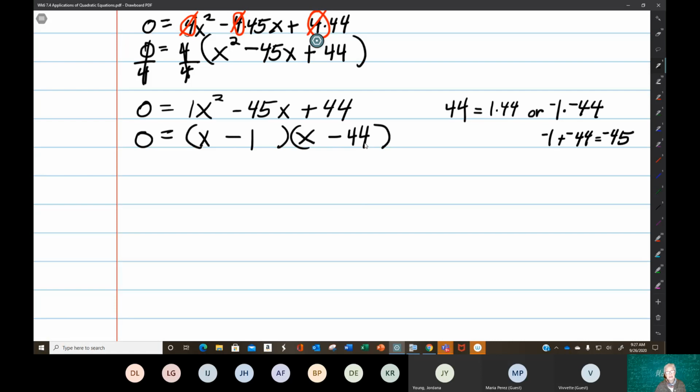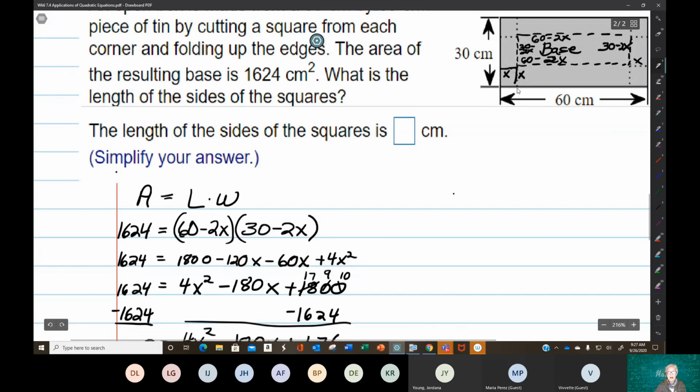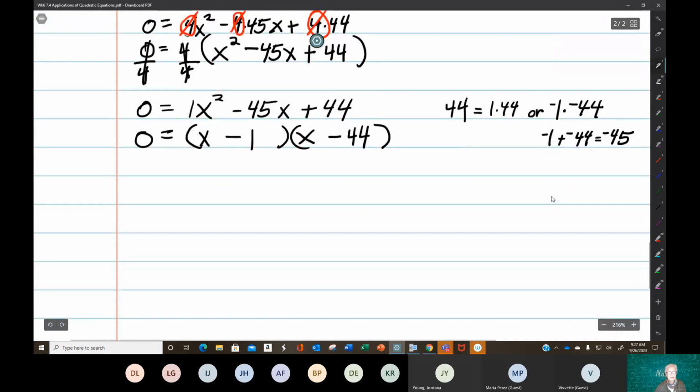So here I have 2 factors that I can set equal to 0 and solve for x and get 2 possible answers for the size of x. x minus 1 equals 0, and x minus 44 equals 0.